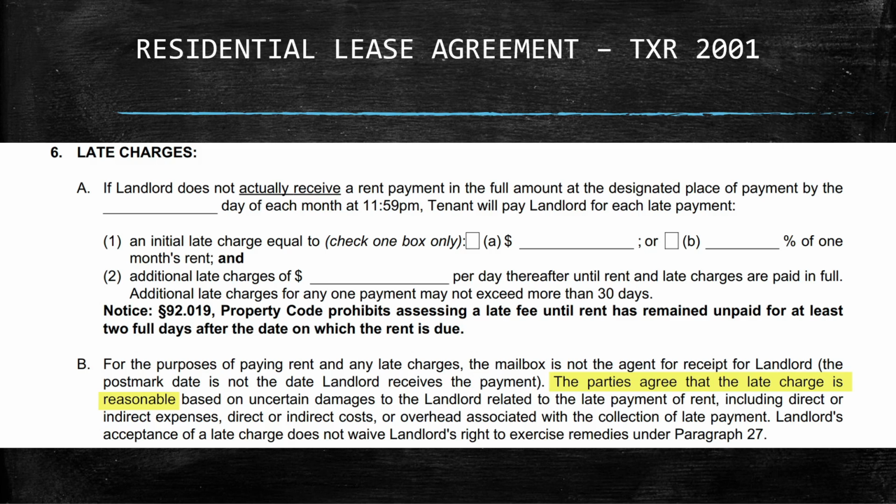The landlord's acceptance of a late charge does not waive landlord's right to exercise remedies under paragraph 27. And in the lease agreement, paragraph 27 is the default paragraph. So even though the landlord has charged a late fee, and even though the tenant has paid the late fee, the landlord still has default remedies available to them under the lease agreement.